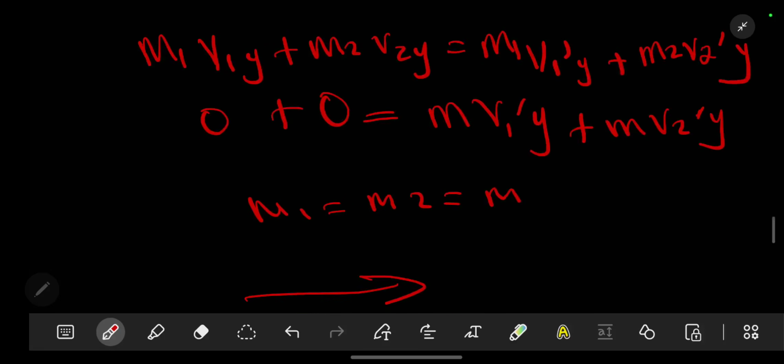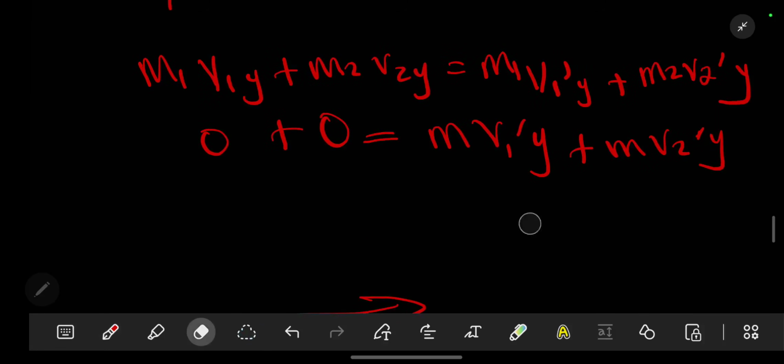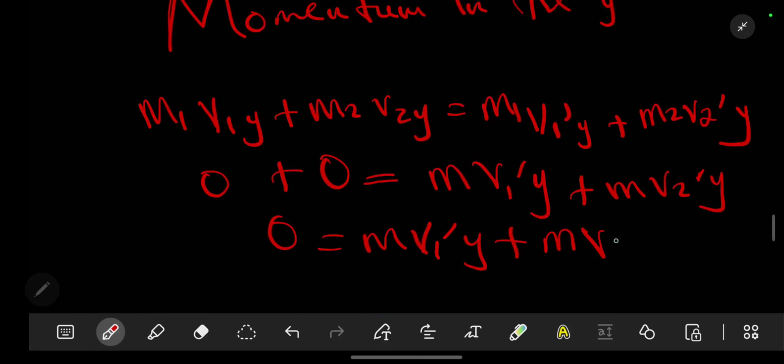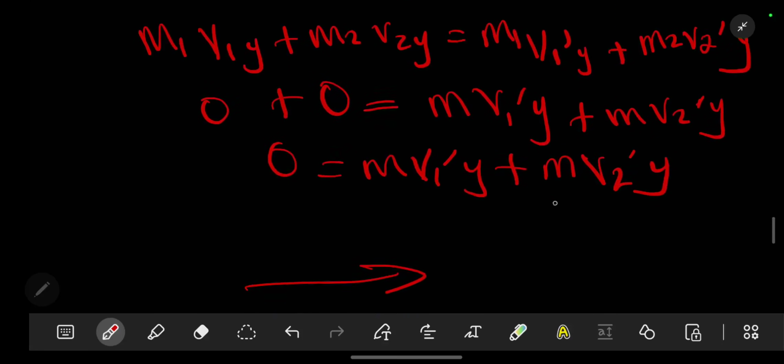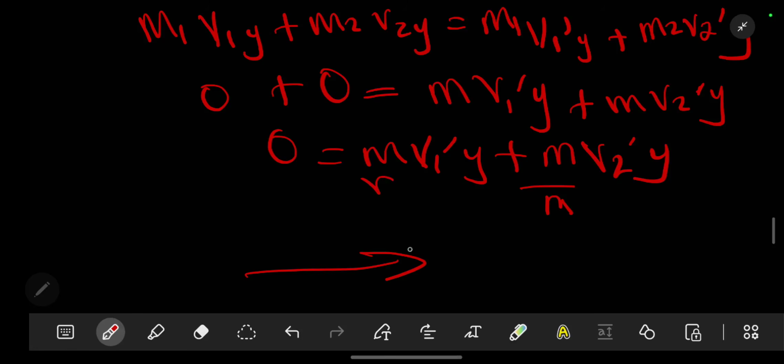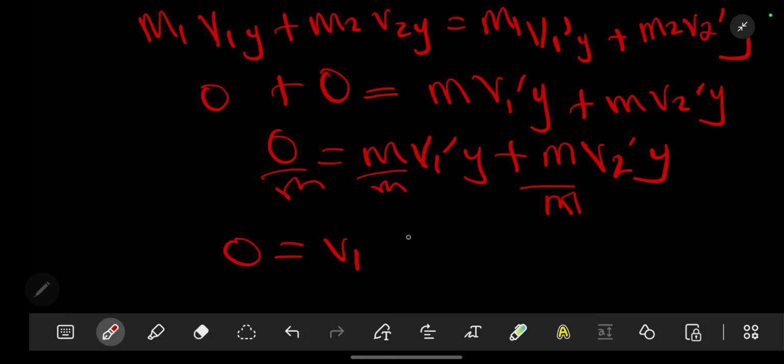So we have 0 should be equal to m v1 cap y plus m v2 cap y. Then we divide by m to get rid of the m. We are going to have 0 should be equal to v1 cap y plus v2 cap y.